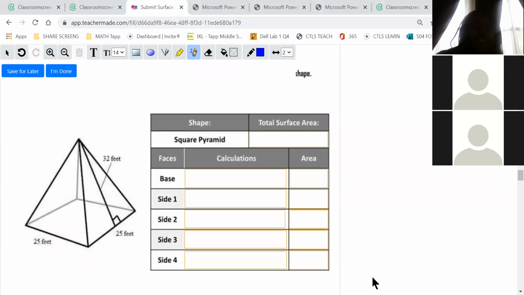And many of you know that my favorite of these shapes would be the square pyramid. I love it because of its beauty and perfection, because it has a square base and 4 beautifully congruent triangles. Okay, so that means if you know the area of one triangle, you know the area of all 4 of them. So let's go ahead and I'm going to start with the base.